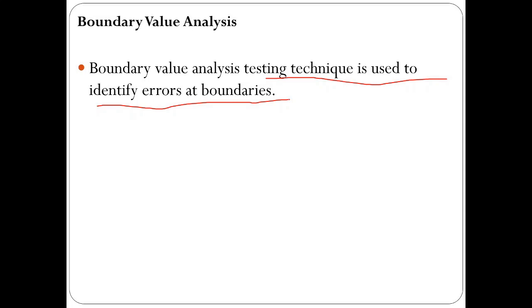Boundary value analysis means that wherever there is a partition, the values you select are the ones that fall on the boundaries. Specifically, those boundaries are taken for testing, to check that a particular test condition works and does not fail when an appropriate input is supplied.